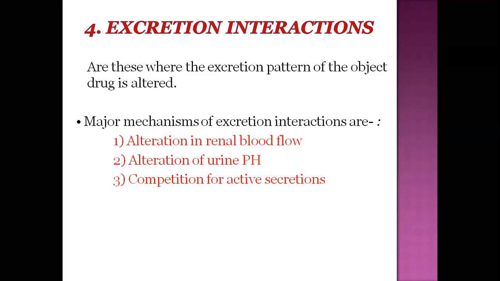Competition for active secretions, again a major role during the excretion interactions. And lastly, forced diuresis. Sometimes it requires diuresis. These are the mechanisms involved to alter the excretion of concerned object drugs.